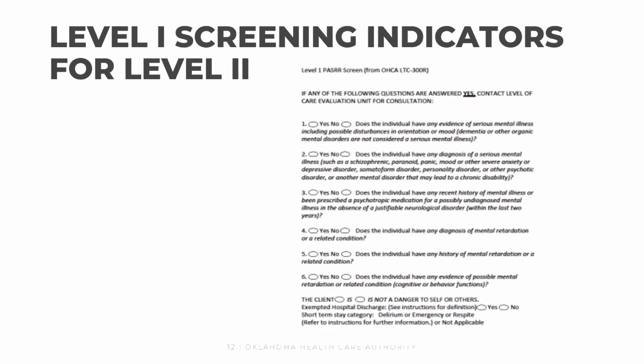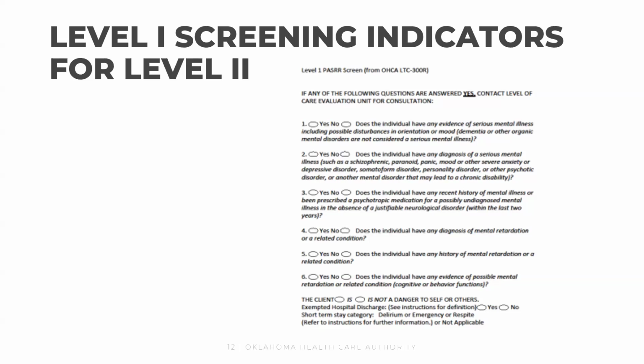Somebody can have major depression single episode. They could have major depression mild, moderate, recurrent, severe, with or without psychotic features. So we don't always order on major depression, but certainly if they have a diagnosis of major depression, you'll mark number 3 yes.